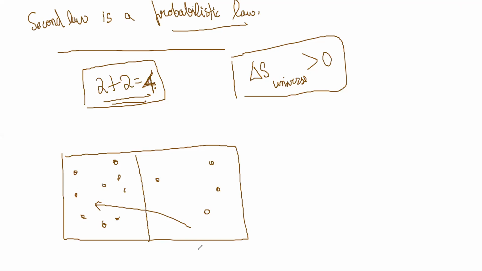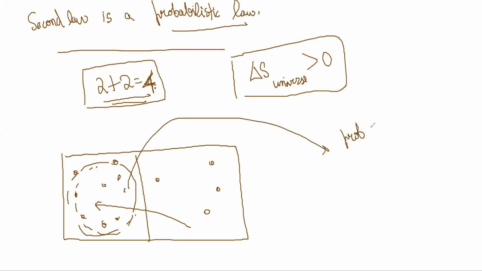It is possible, but people have done the calculation of the number of states, the entropy being lower here. The probability of this happening is so low that you will have to wait for more than the age of the universe.